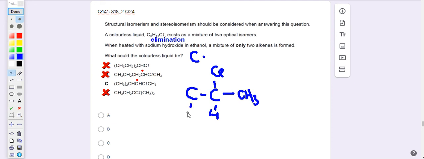This carbon is bonded to H and two CH3 groups, two methyl groups. So the same thing, it will undergo elimination.